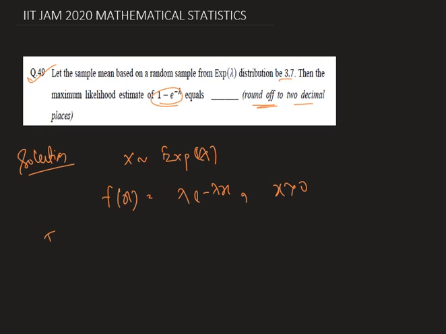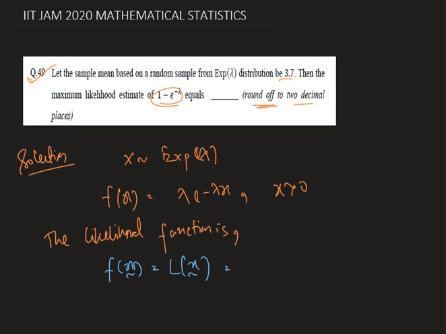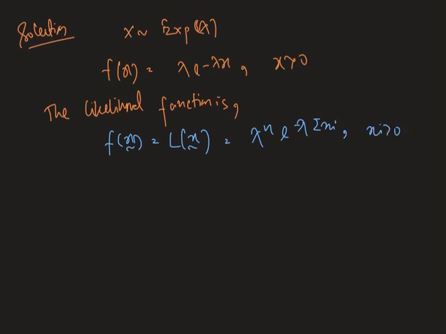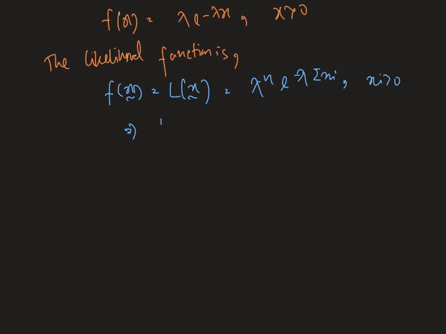Now the likelihood function L of x tilde is lambda to the power n e to the power minus lambda sum over xi, where xi's are strictly positive. Now the log likelihood ln L of x tilde is n ln lambda minus lambda sum over xi.